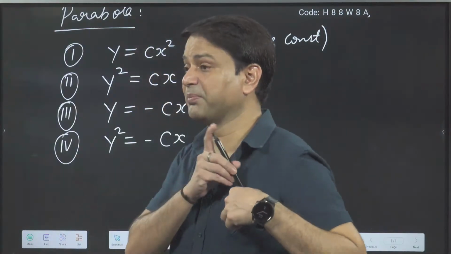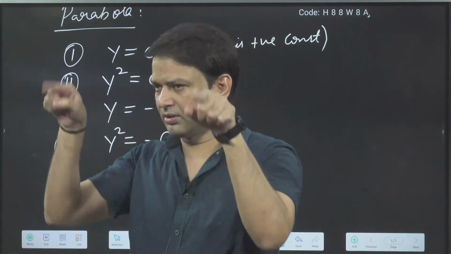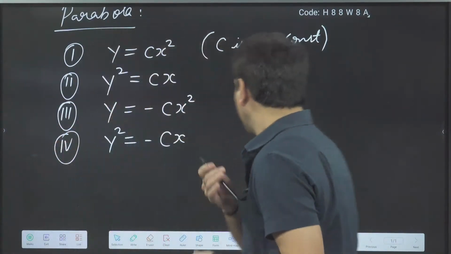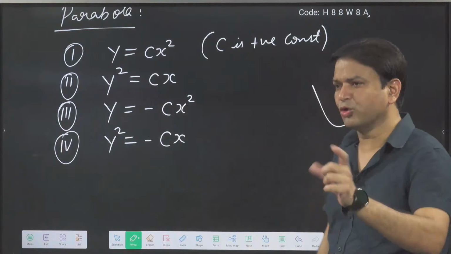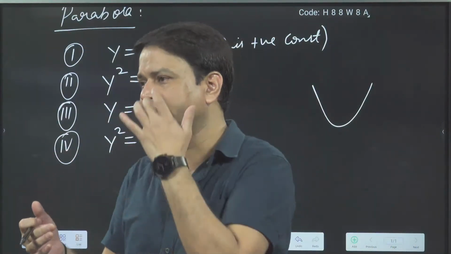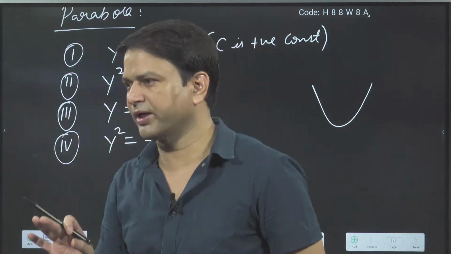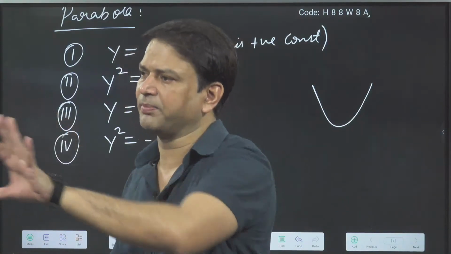Now what is the shape of the parabola? The shape of the parabola is a U shape, not a V, a U shape. Shape will be the same, but according to the orientation the equation will be different. When the orientations are different, we put it accordingly, but the shape will be a U shape.